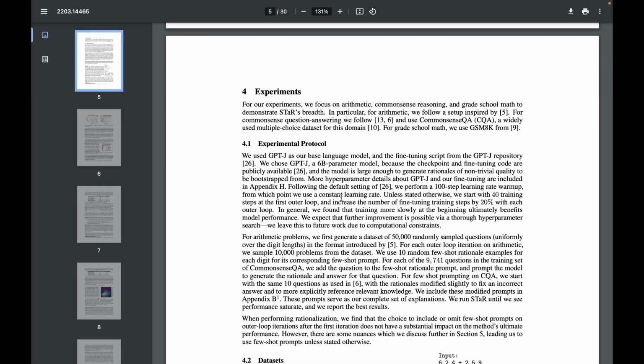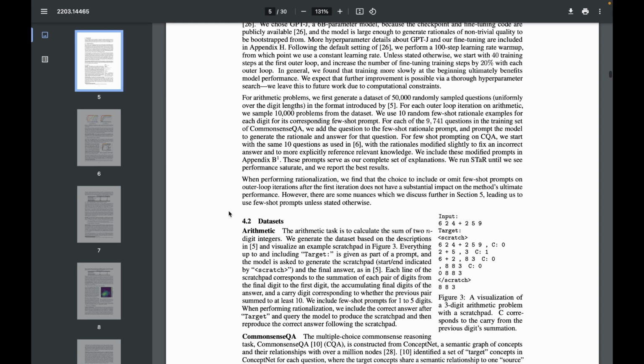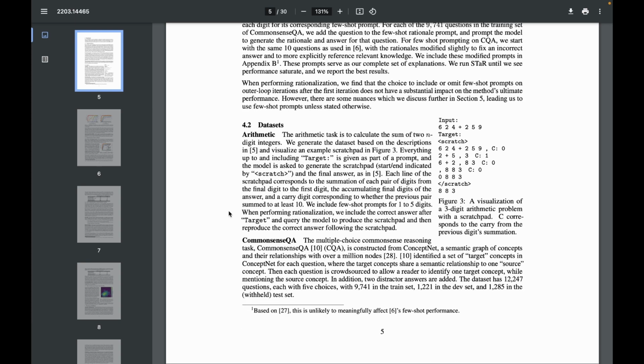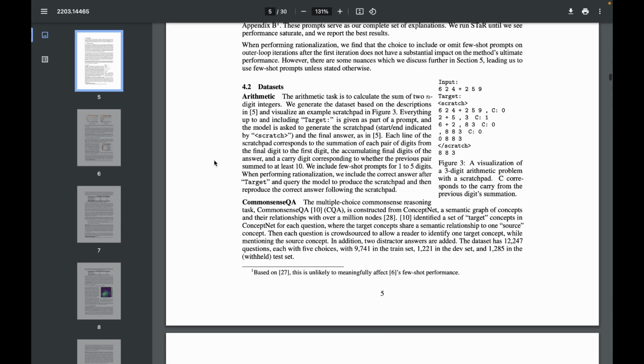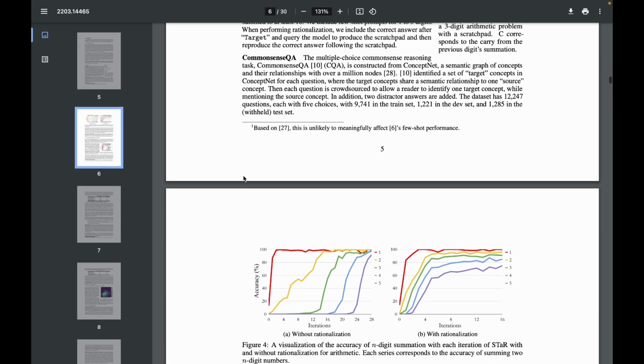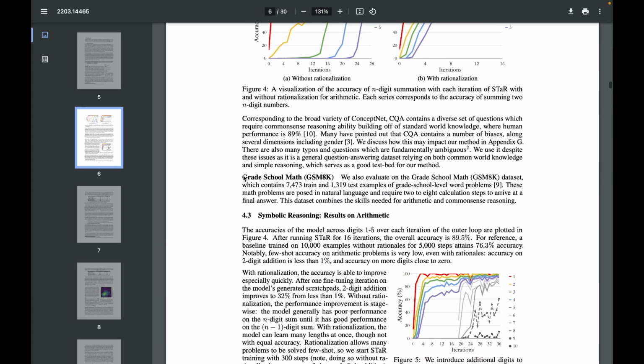So let's have a look at some of the experiments. They fine-tune using STaR on a couple of different data sets. There's arithmetic, common sense QA, otherwise known as CQA, and a grade school math data set, GSM8K.